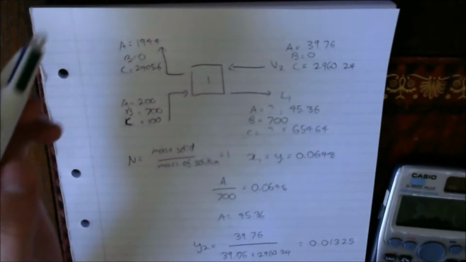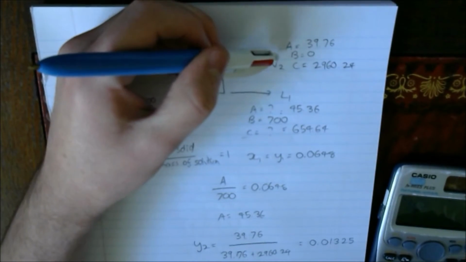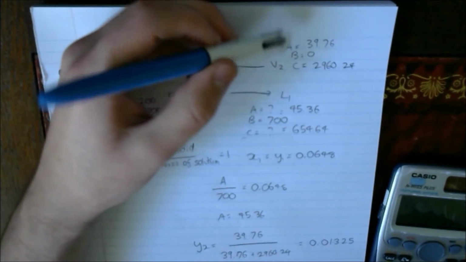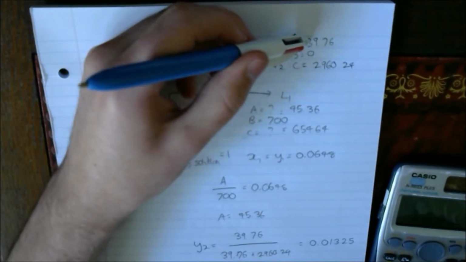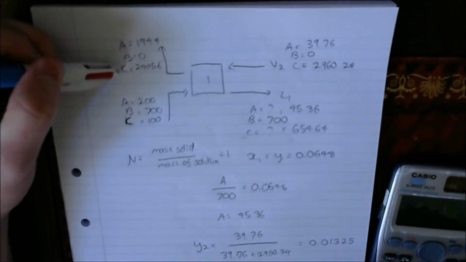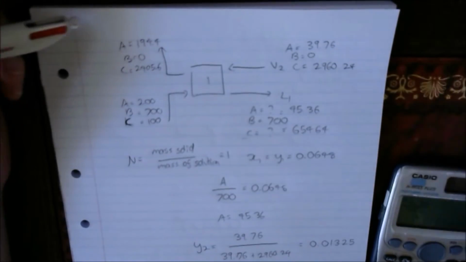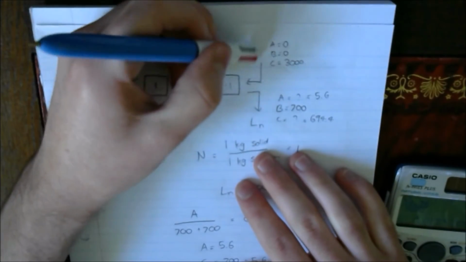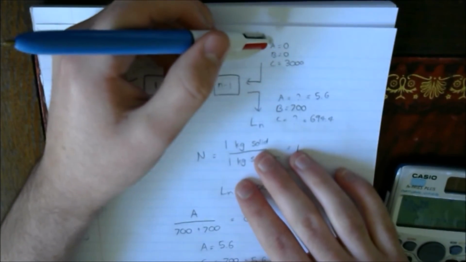The total amount of solution in V2 is going to be 39 plus 2960. That's going to be equal to 3000. Notice that it's also equal to 3000 up here. And when we started off, we had 3000 kilograms of solvent coming in.